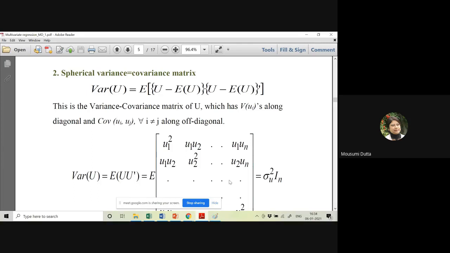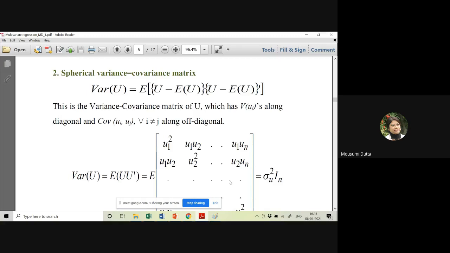Now, when we go for the two variable analysis, separately we talk about variance of ui and covariance of ui, uj. And we introduce the notion of homoscedasticity as well as non-autocorrelation.